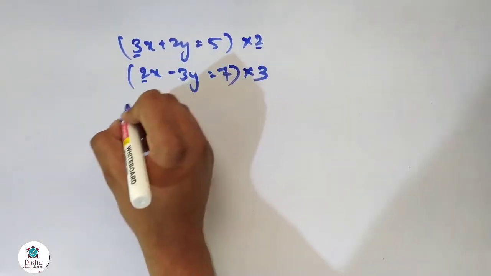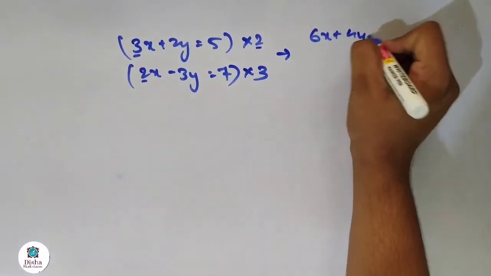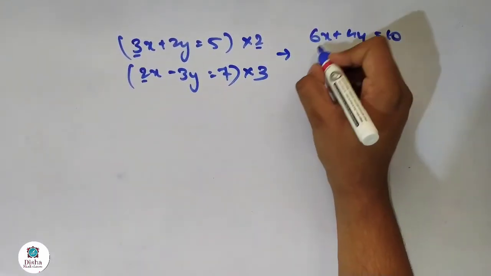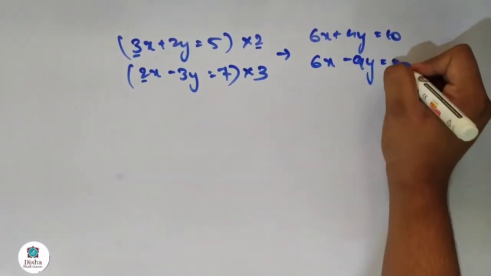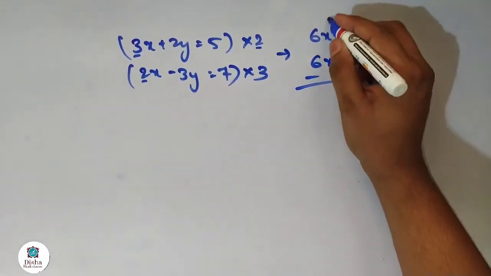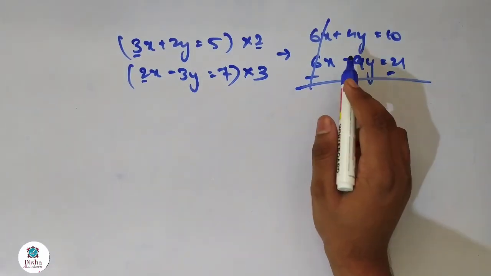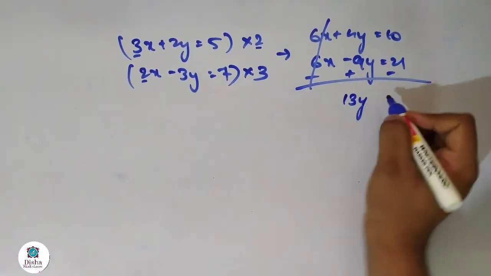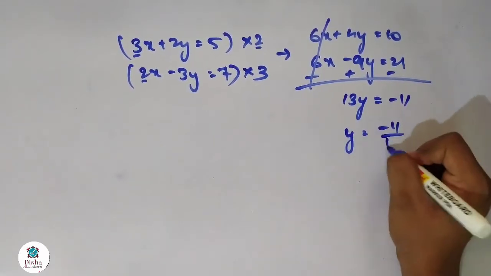So what will be the equations then? 6x plus 4y equals 10, 6x minus 9y equals 21. So subtract, change the signs. What you will get? This 6x will get cancelled. So plus 9y plus 4y, that will be 13y equals minus 11. So y equals minus 11 by 13.